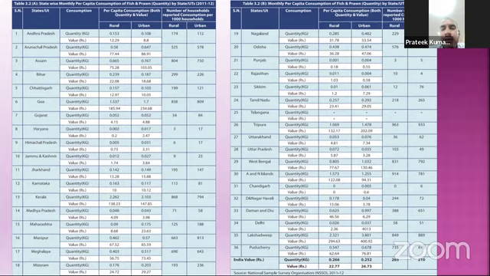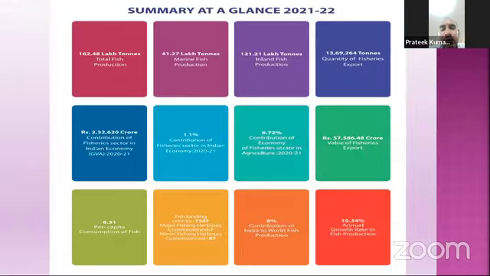These are not the most important, but we have to know the amount per kg, how much we can consume, and what amount will be created. So, a summary at a glance: 162.48 lakh tons total fish production, 41.27 lakh tons marine fish production, and 121.21 lakh tons inland production.